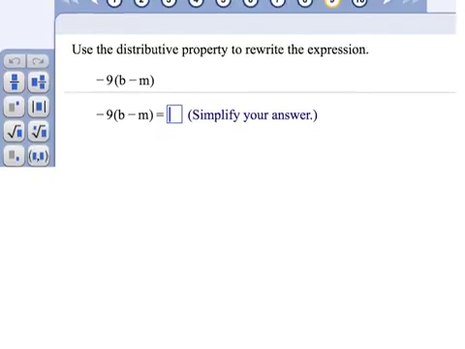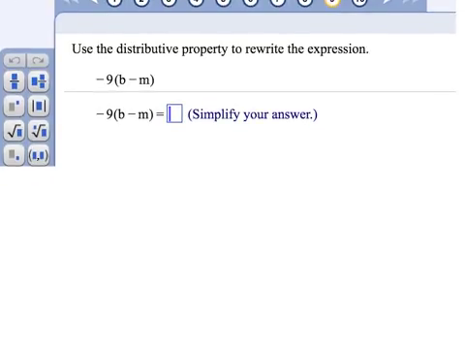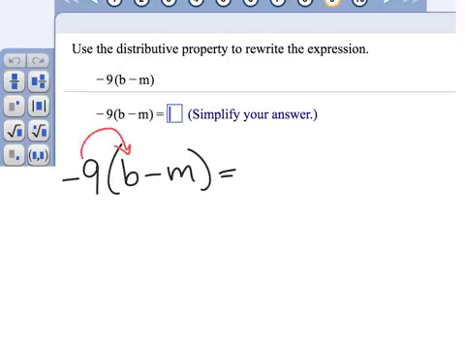And again, use the distributive property. Now I'm going to go just straight algebra on you because we've done a bunch of these examples, right? So this means negative 9 times b, and then it means negative 9 times negative m. I know it says minus m, but I want you to think of it as a negative m.